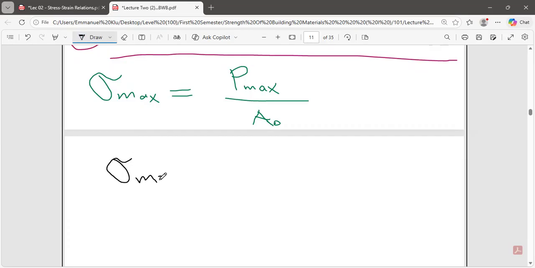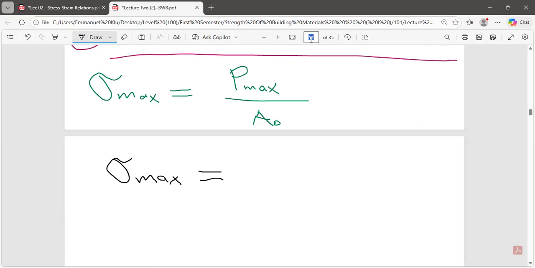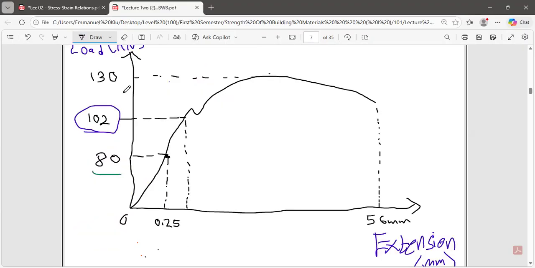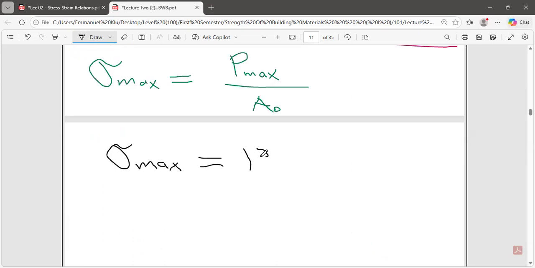So our maximum stress is now equal to what? From our diagram, our maximum load is 130 kilonewton.